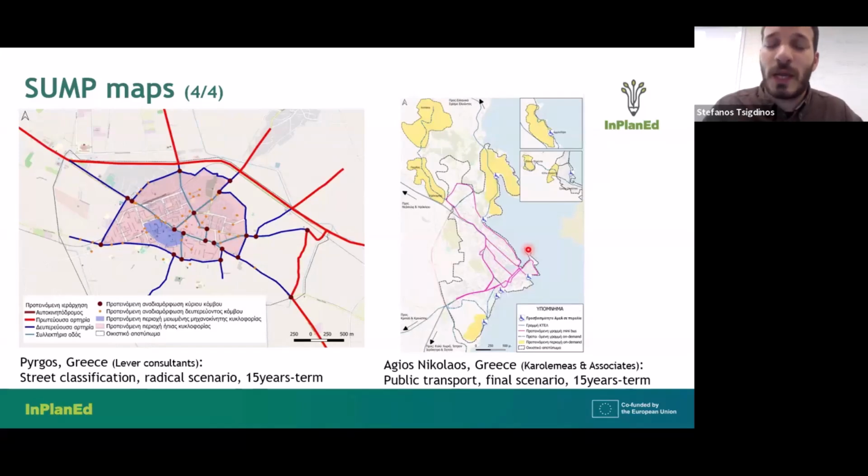So what we can do is also implement these kinds of on-demand transport because, although they are very close, they are not so dense. So we can also propose some on-demand areas. That's all for the SUMPs.